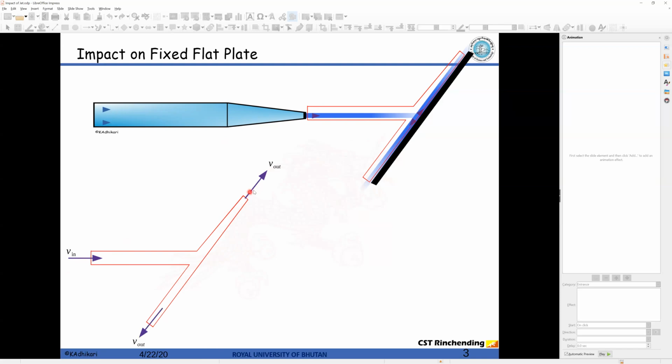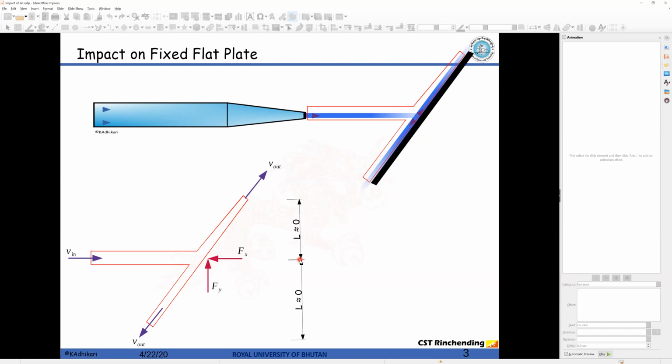So this is the direction that I'm showing the velocity vector that is going out. Further, because the jet is impinging on this plate, the plate exerts a reaction. There is a reaction force by the plate on the jet. That's why there's a change in momentum. So that's why I have kept two forces, Fx and Fy. These are nothing but the components of the resultant force that is acting on the jet by the plate.